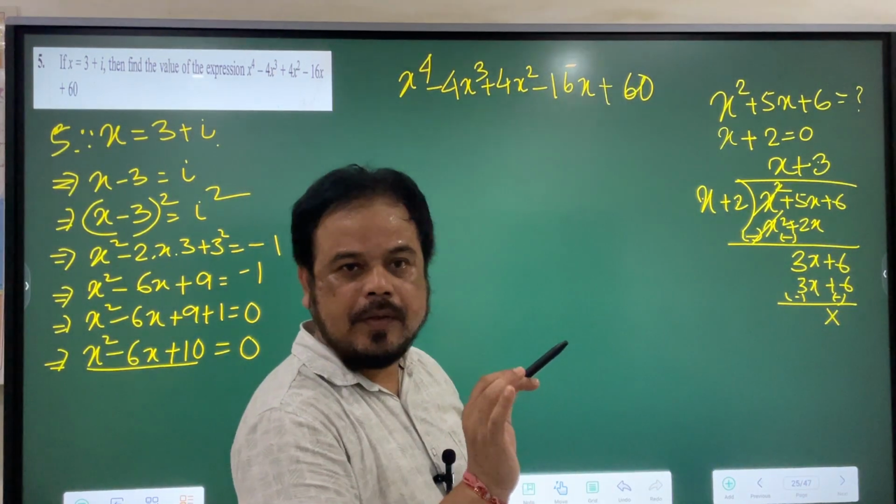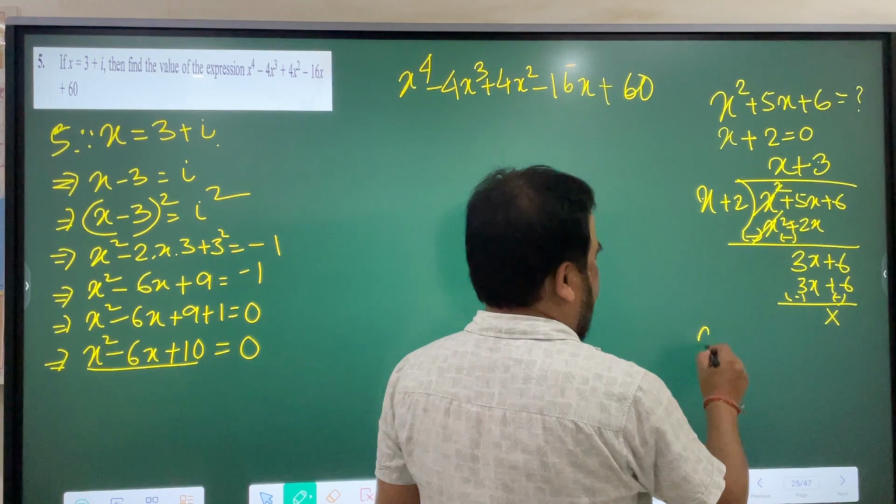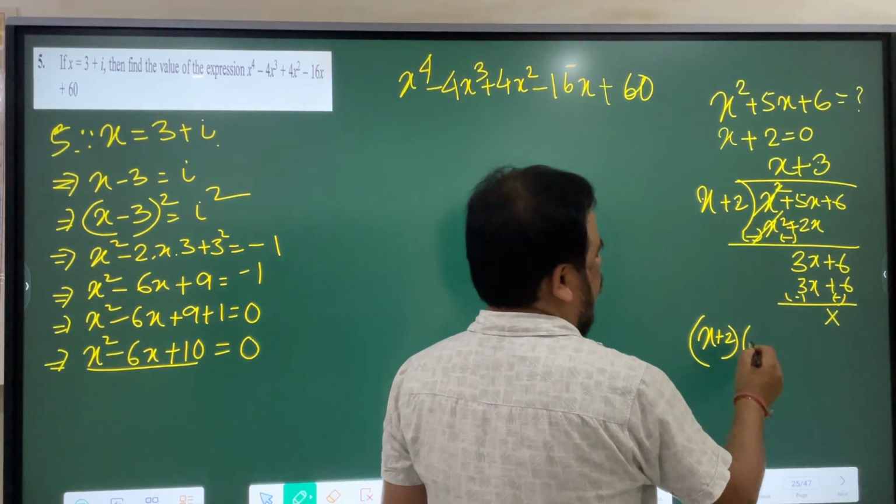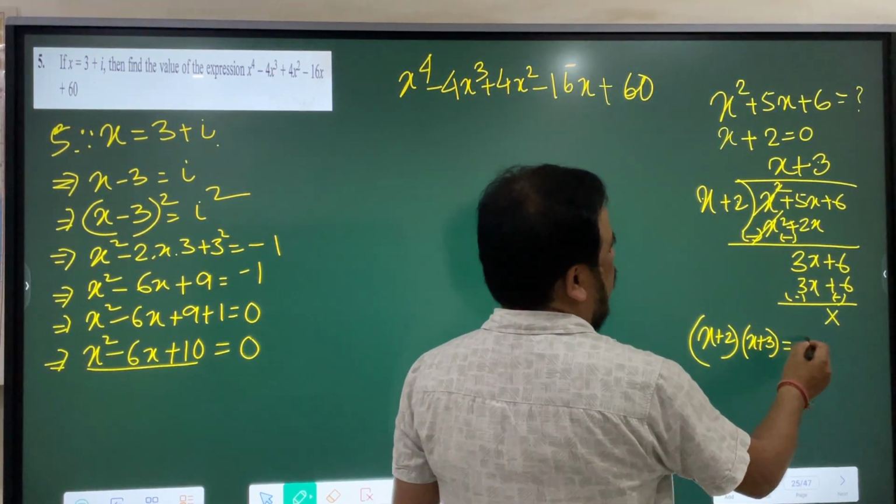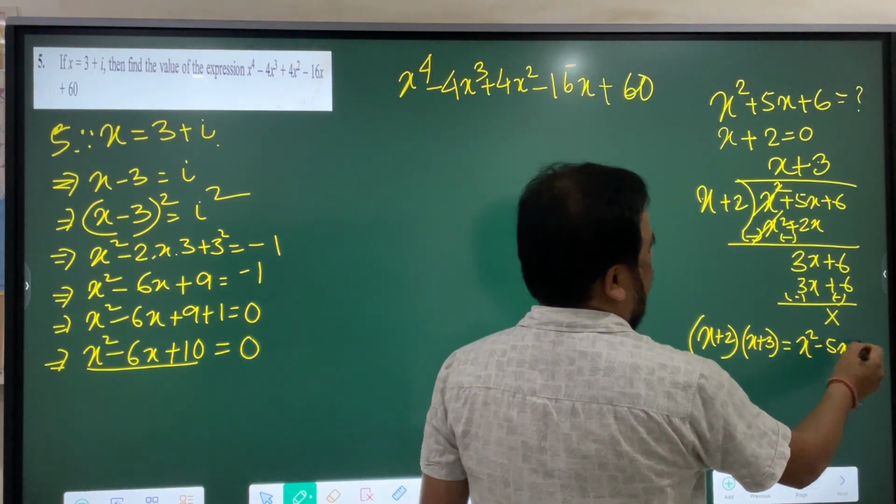That means x plus 2 into x plus 3 equals x square plus 5x plus 6.